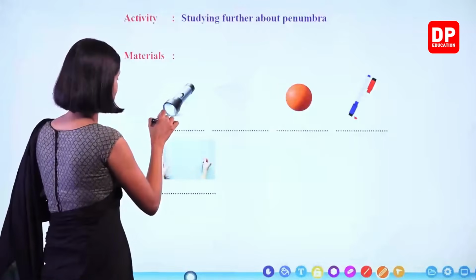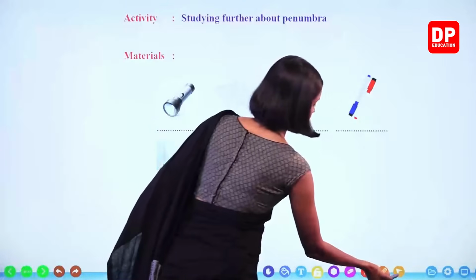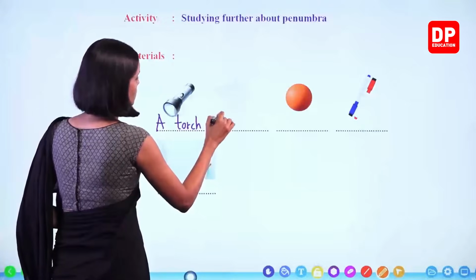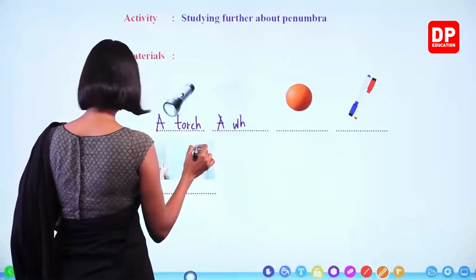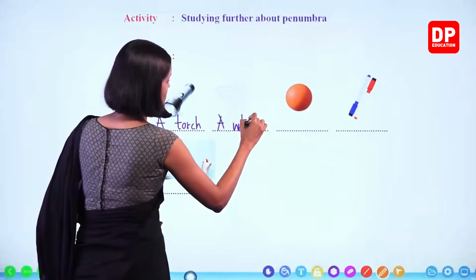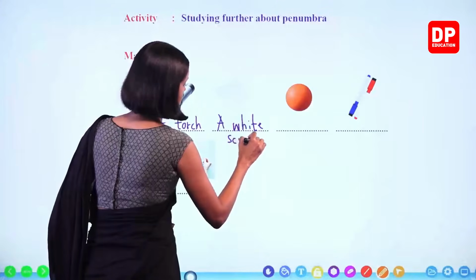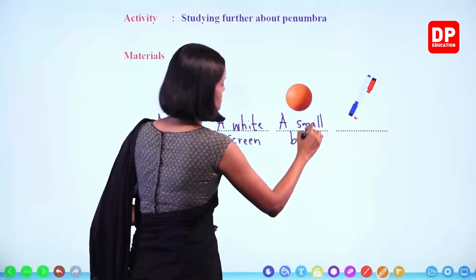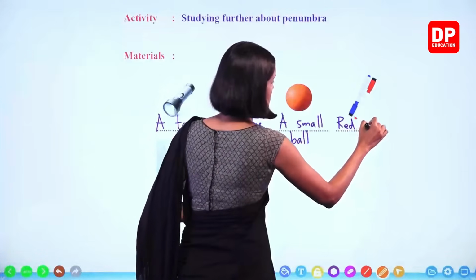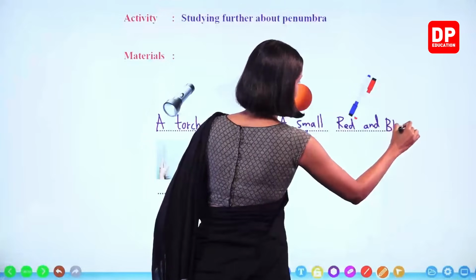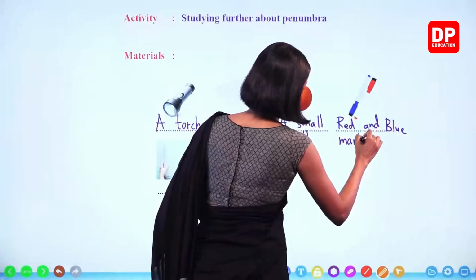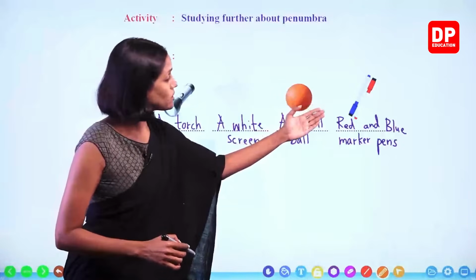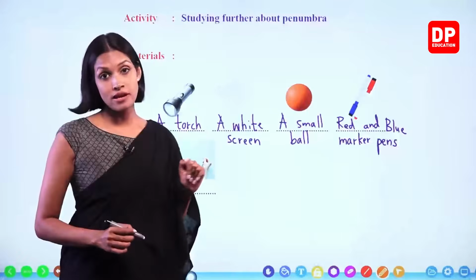We will write: a torch, a white screen, a small ball, red and blue marker pens, or even you can use 2 pieces of red and blue colored cellophane.